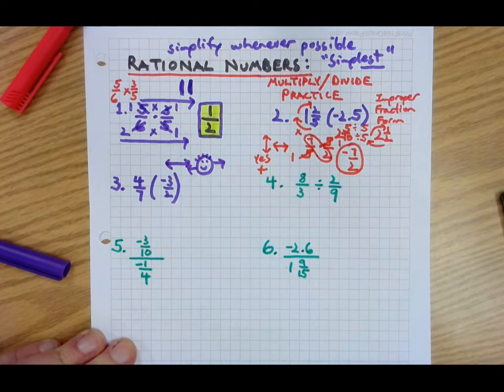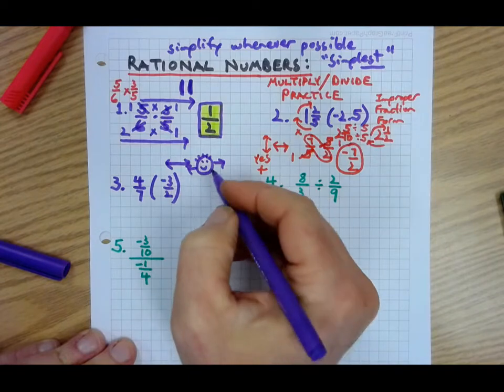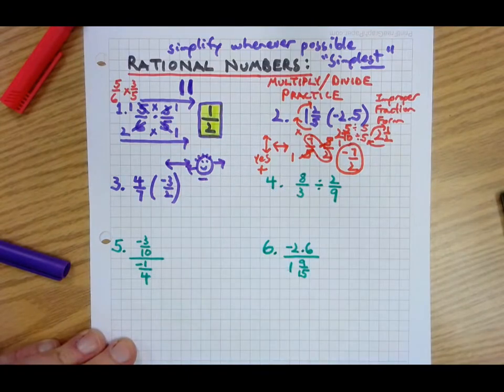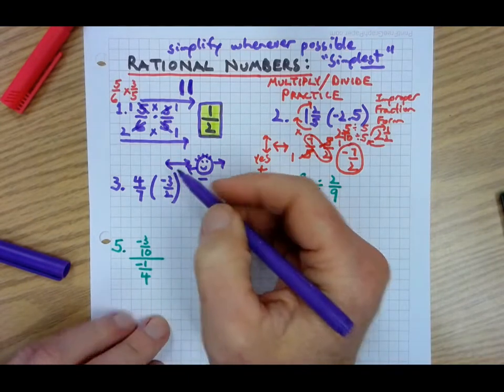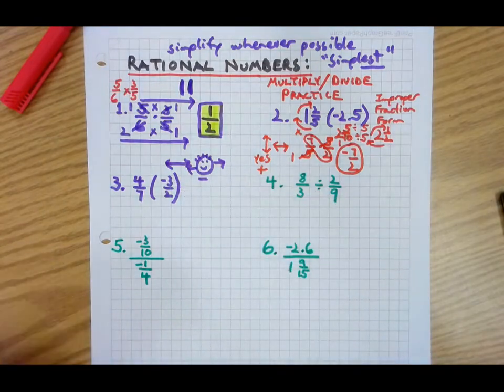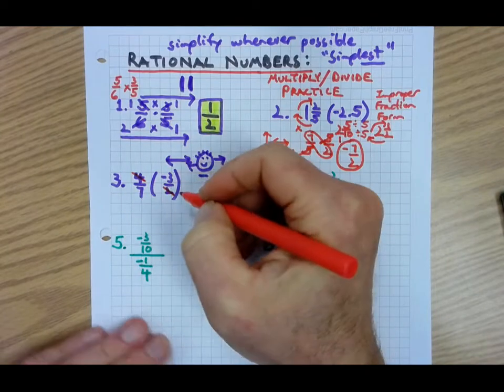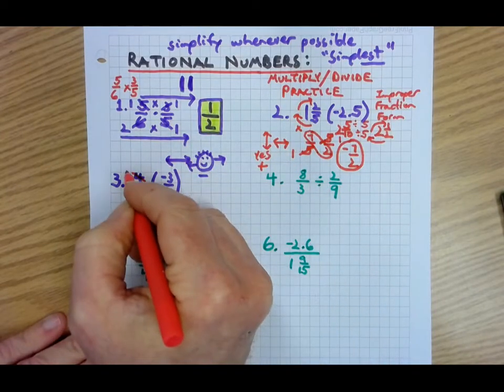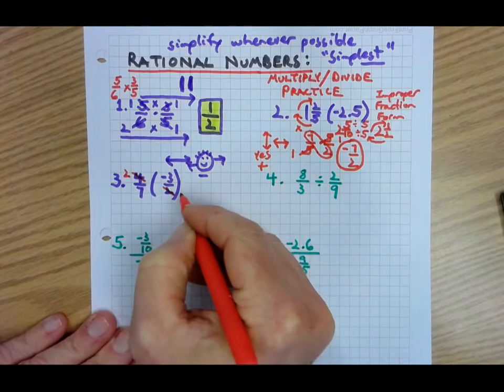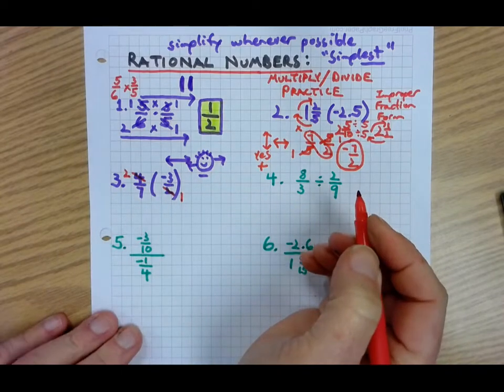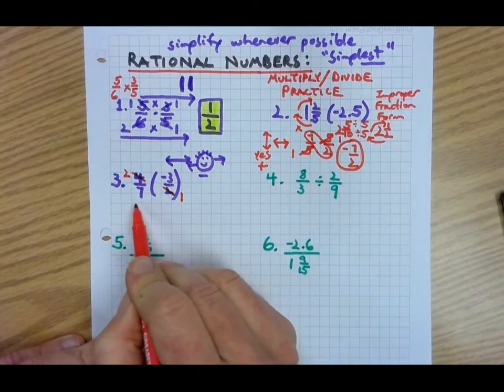Okay, so that means this sign of the answer will be negative. Let's look for simplifying opportunities here. Change color so we can see that more easily. 4/2 is the same as, I heard you back there, 2/1, very nice. Can we do anything with 3/7?